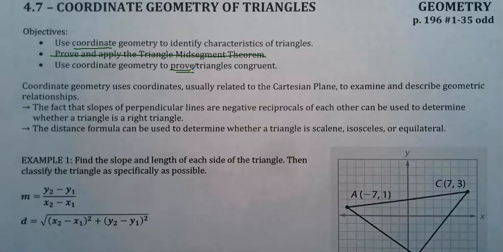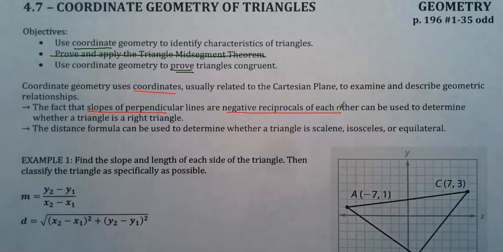So coordinate geometry uses coordinates. We're using the coordinate grid, usually related to the Cartesian plane, to examine and describe geometric relationships. For example, the slopes of perpendicular lines are negative reciprocals of each other. This is something that we learned in Algebra 1.